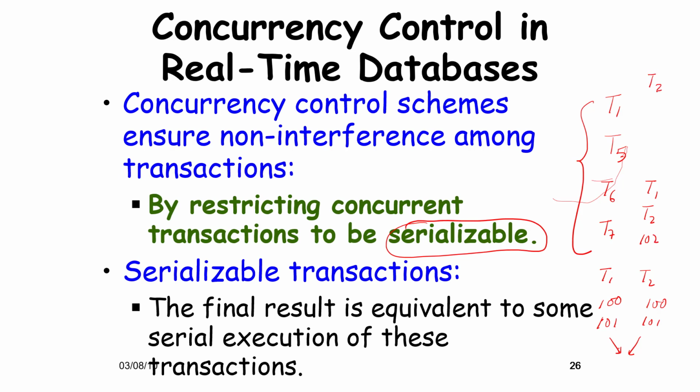Similarly, if T2 executes first and then T1, the final balance is still 102. So regardless of however you do it, it is not equivalent to a serial schedule. As a result, this output of 101 is wrong because it does not satisfy serializability, which is by far the most popular correctness criterion in databases.